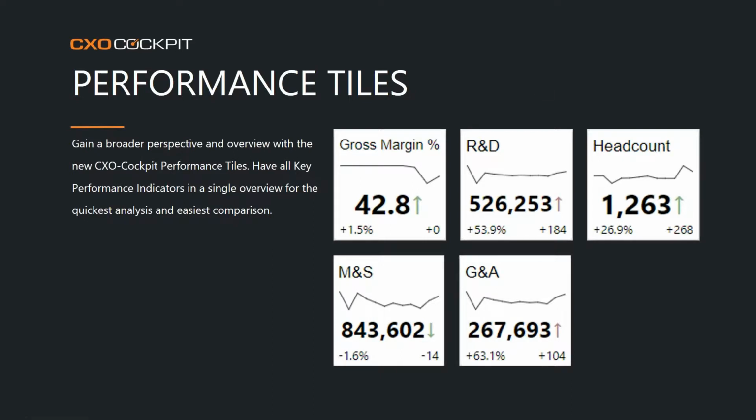Another thing that we introduced, and I've built quite a few of them already, are tiles. I think they're great. They typically represent one single number. We have options of just presenting the number, or a number with a variance, or a number with a variance and a historical trend line.